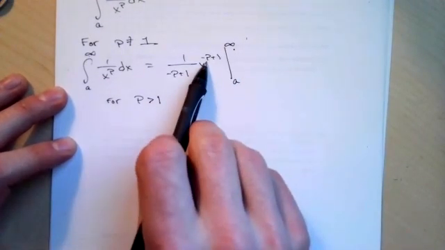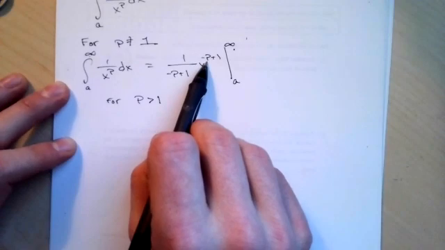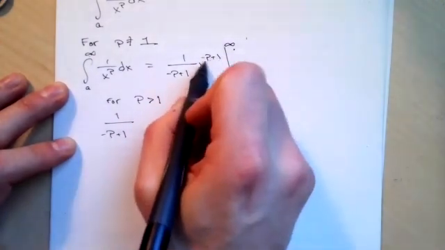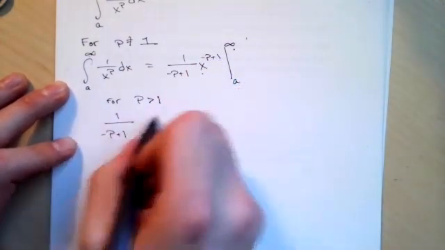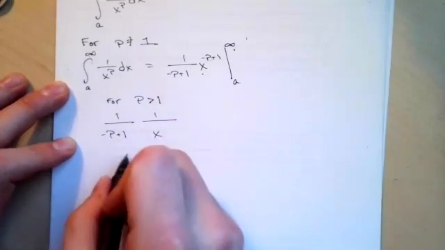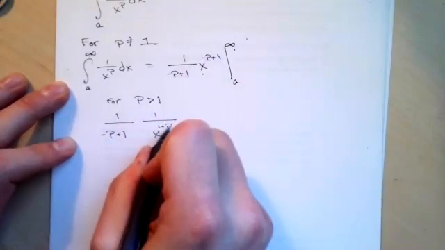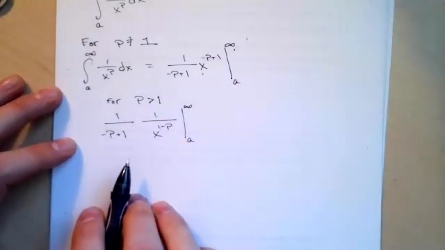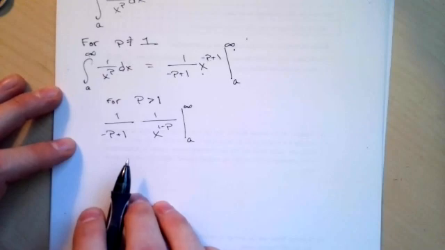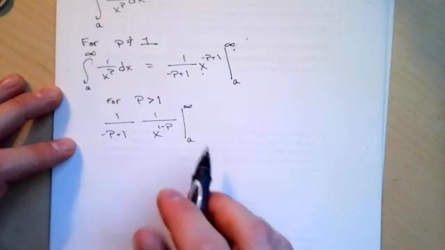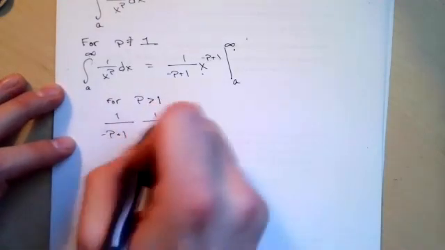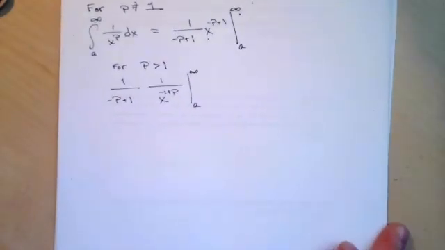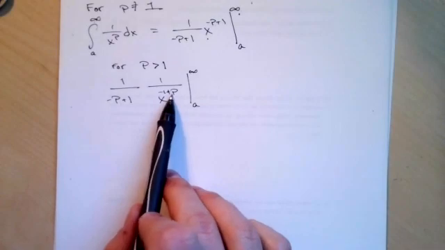Then this exponent is negative, so we can write it as 1 over x to the p minus 1, multiplied by a negative.